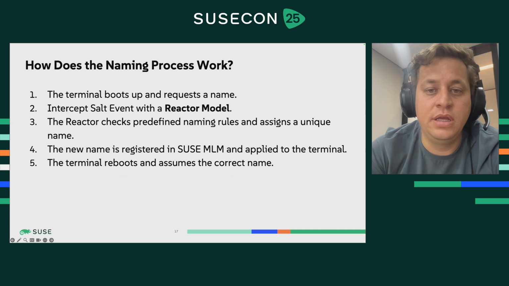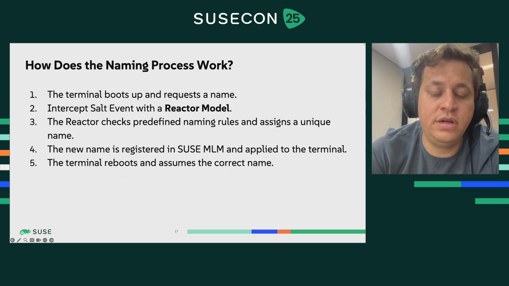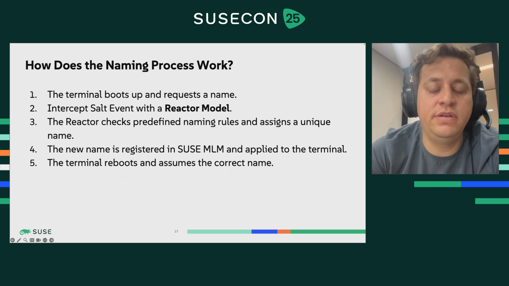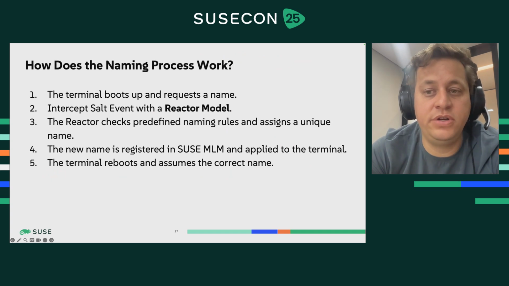Okay, and as a final step, the automation server schedules the DHCP state on the branch server, and later schedules a reboot on the terminal.